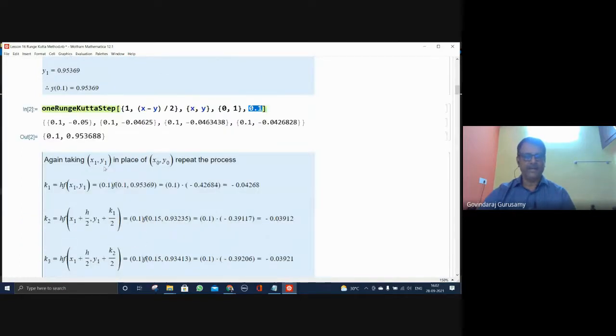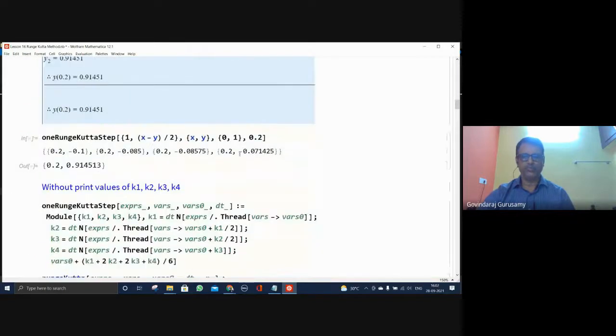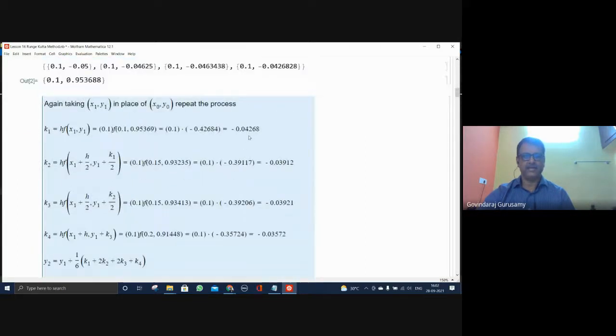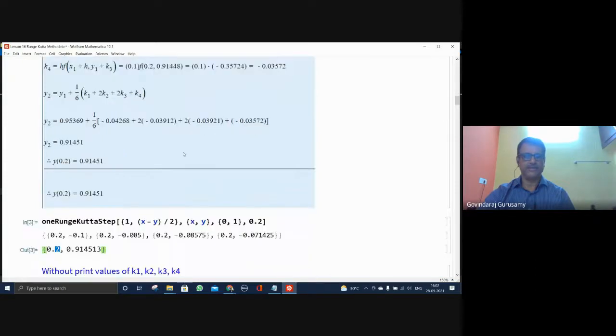One step again ahead, there I'm going to use 0.2. Check it. So add this, implement. The answer is 0.91451. I have it. This is 0.2. Y of 0.2 is this number. And reconfirm whether the K's are right: 0.04268.